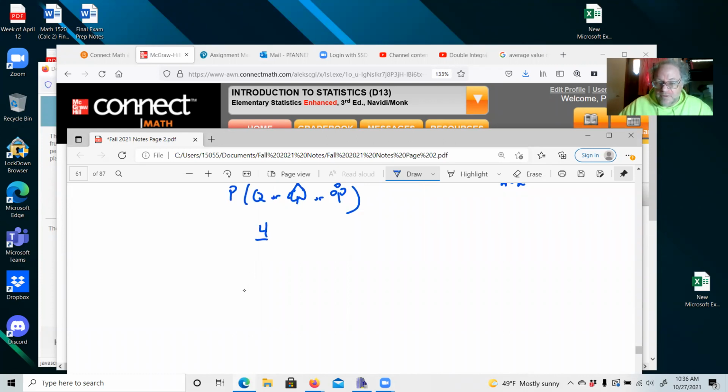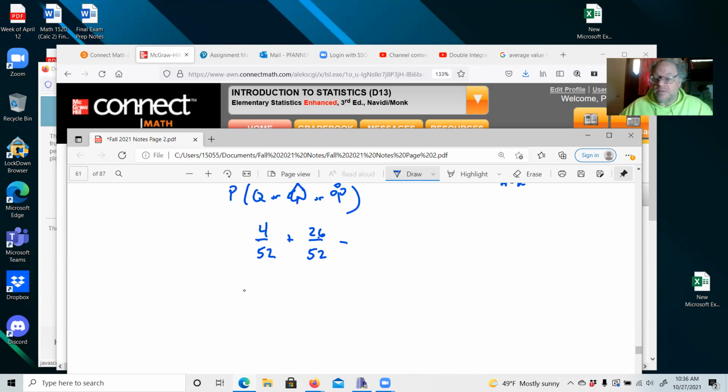Well, there's 4 out of 52 cards that are queens. How many cards are black? Well, we have 13 spades and 13 clubs, so we're going to have 26 possible values for that. Now, we counted the queen of clubs and the queen of spades here.